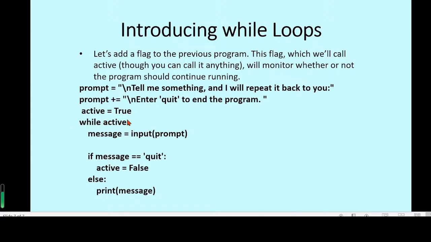If active's value is not true, the condition is not true. Then the user will input a message. If the message equals quit, then we'll set active to False. If the message is not quit, then we will print this message, then run the while loop again. When the user inputs quit, we set active to False, then the while loop will stop.